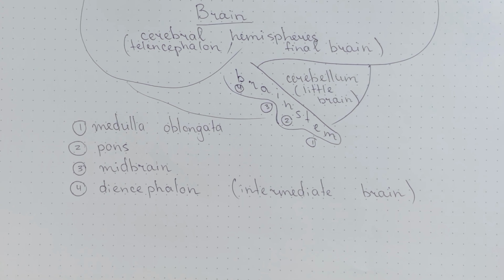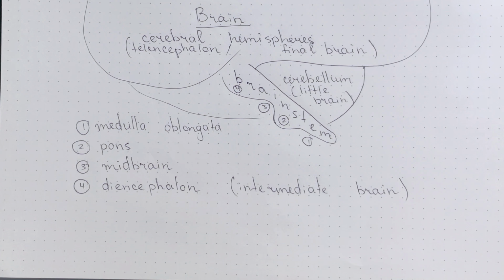Altogether, this gives six major divisions of the brain. There are two large internal cavities, the third and the fourth ventricles, and the canal connecting these cavities, the cerebral aqueduct.